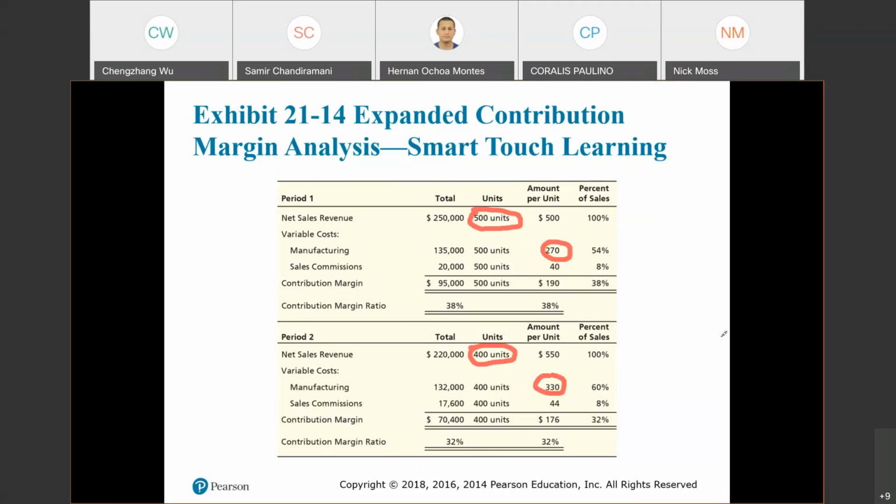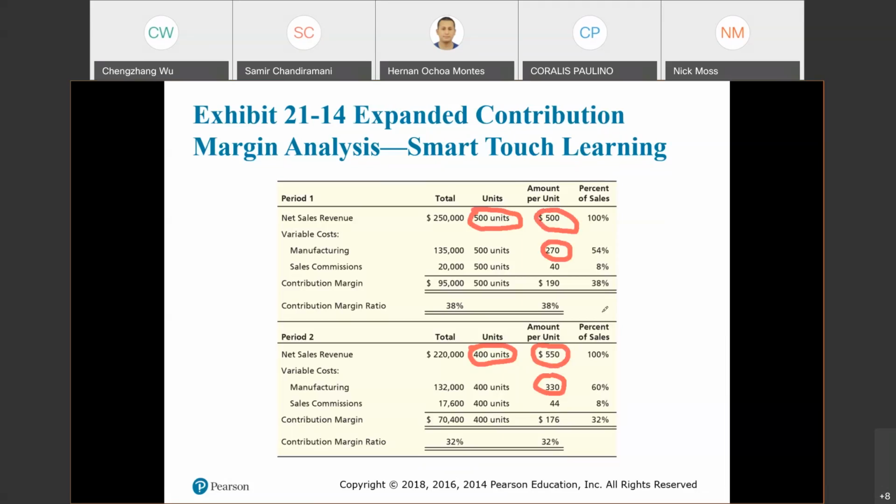Because of the increase in direct material, the manager decided to increase the sales price from $500 to $550.